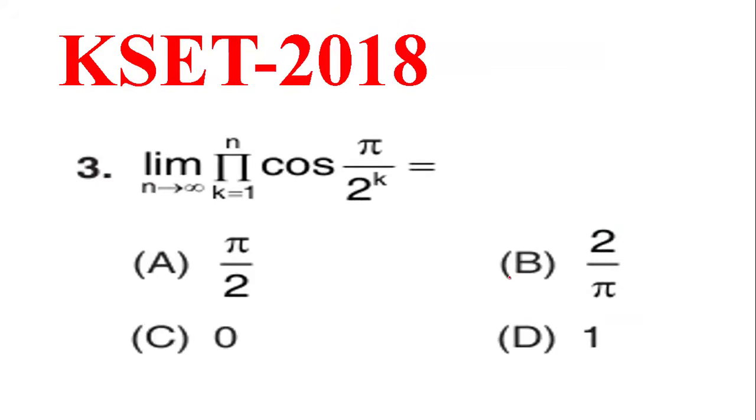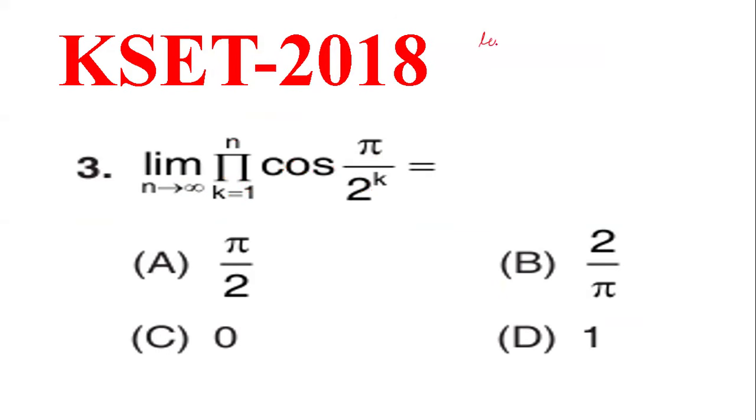Next question is a 2018 question. Limit n tends to infinity of the product for k from 1 to n of cos of pi by 2 raised to k is equal to what?